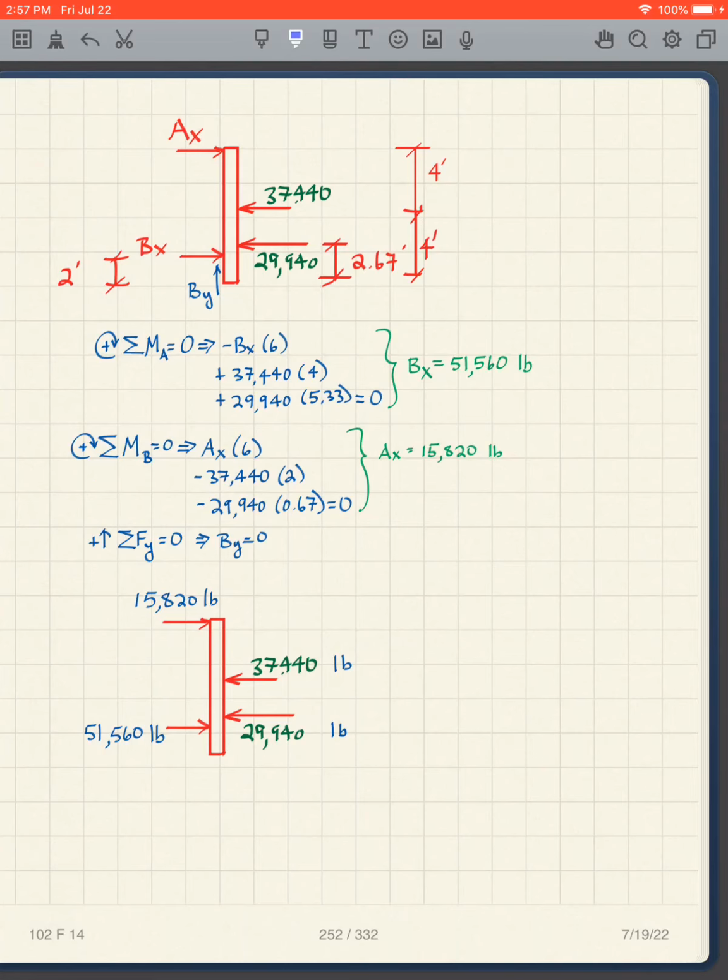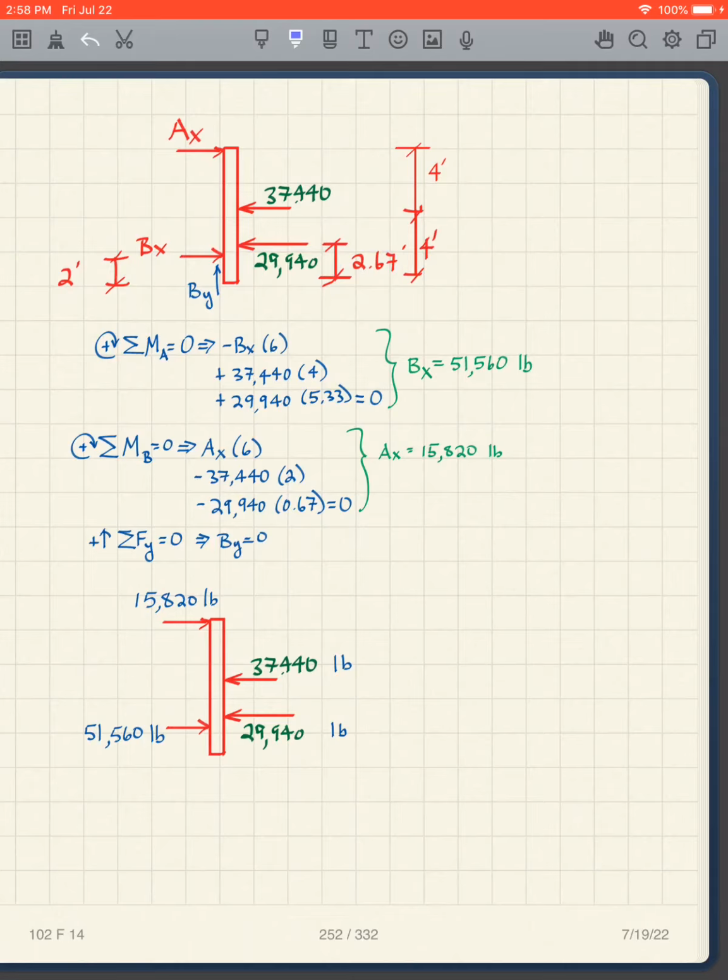And we put them in the place where they belong, which is 1/3 from the bottom for the triangular portion, 1/2 from the bottom for the rectangular portion. So for the rectangular portion, this is 4 feet from the bottom, and for the triangular portion, it's 1/3 of 8, which is 2.67.